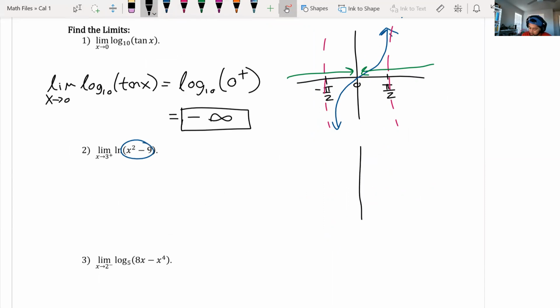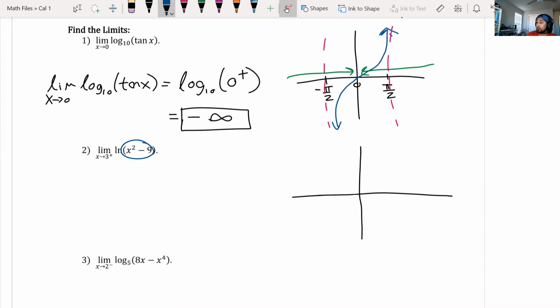So I'll draw x squared minus 9, and x squared minus 9 is going to be the graph of what? So we're graphing x squared minus 9, right? Yep. So it'd be a parabola going up, shifted down.